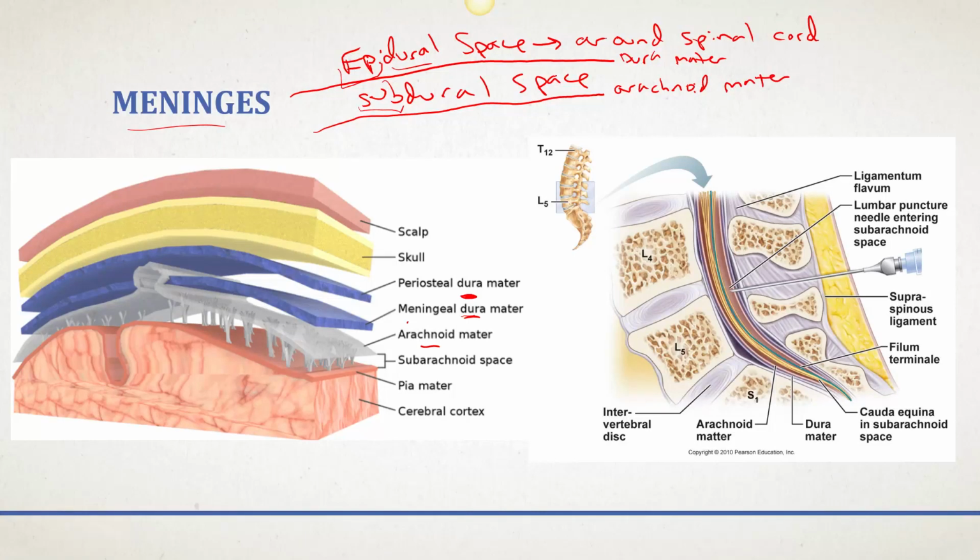And underneath the arachnoid mater, we have this subarachnoid space. The subarachnoid space contains cerebrospinal fluid. If you've ever had to have a spinal tap before, this is a picture of a spinal tap or a lumbar tap.